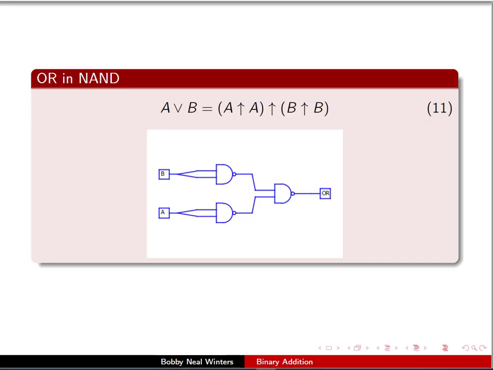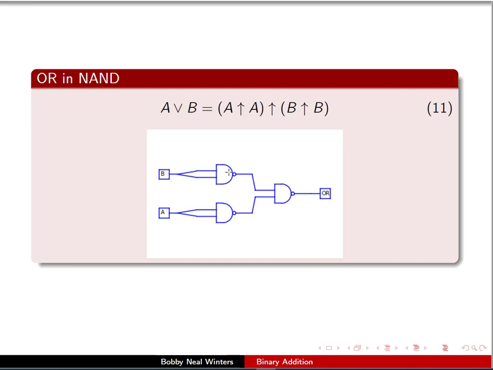Okay, this is OR rendered in terms of NAND gates. And again, each of these NAND operations corresponds to one of these NAND gates down here. The one in the middle between these two is this last one. This one between the A's is this one down on the bottom.